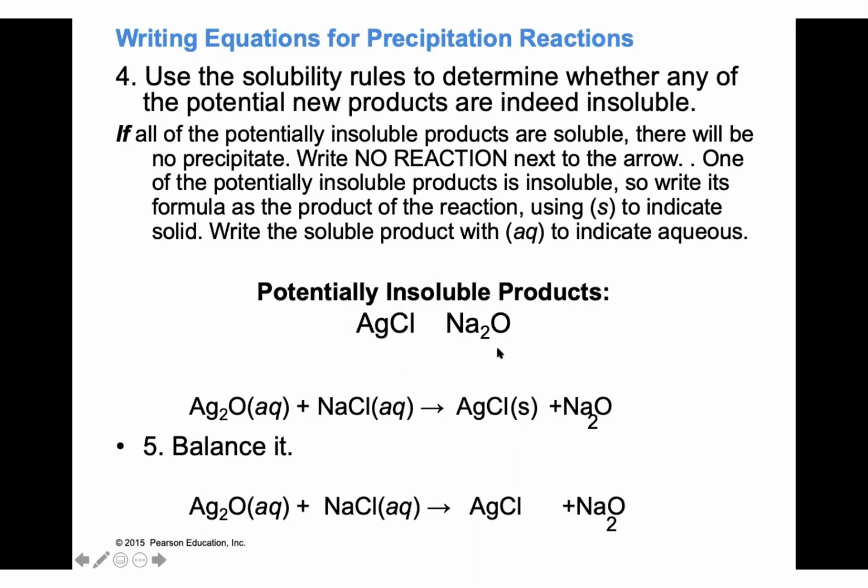What about Na2O? We said all of the oxides are insoluble except when they're combined with some ions like sodium. So it's gonna be aqueous. You might ask, okay, until I predict a product, I cannot really tell if the reaction happens or not.